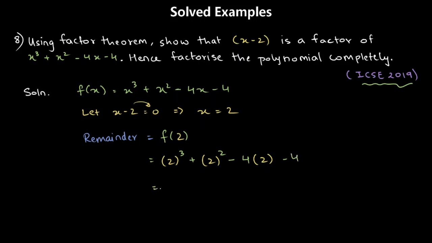So 2 cubed is equal to 8, plus 2 squared, which is 4. Minus 4 into 2 is minus 8, and minus 4 at the end. So if you check the terms now, 8 plus 4 is 12, minus 8 is 4, and 4 minus 4 is 0. So the remainder turns out to be 0.